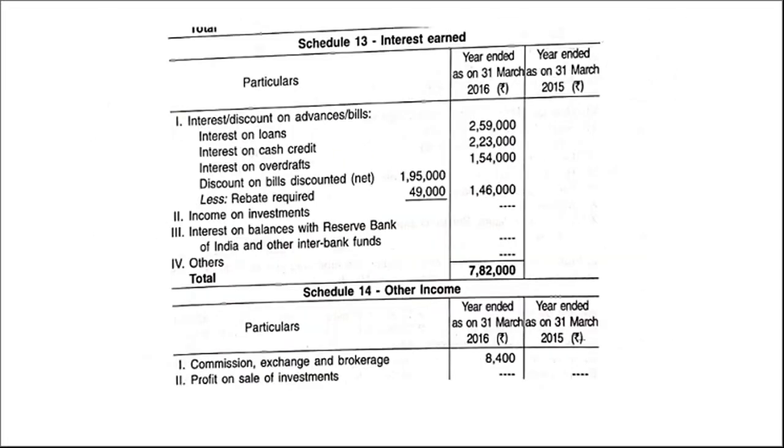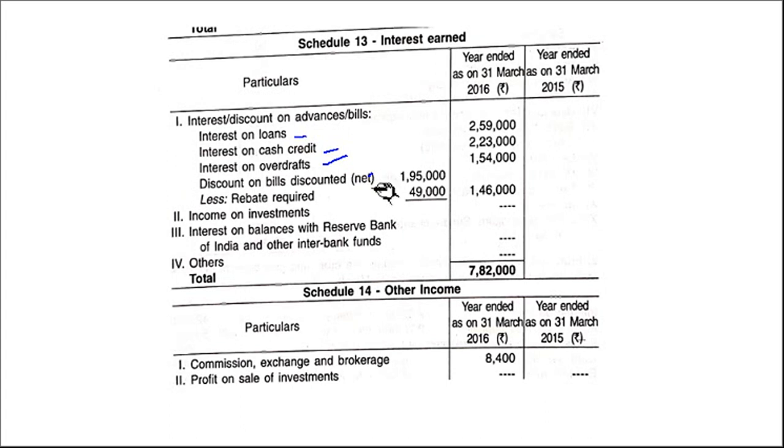One by one, schedule. Interest earned, schedule 13. Interest on loan 2,59,000. Interest on cash credit. Interest on overdraft. Then discount on bills discounted. This is like when the customer comes with the bill, the bank is discounting the bill.